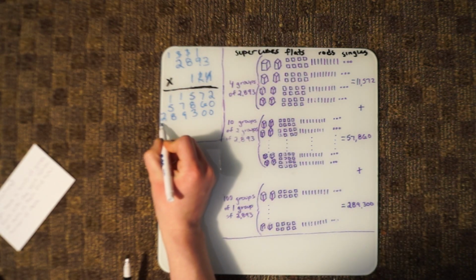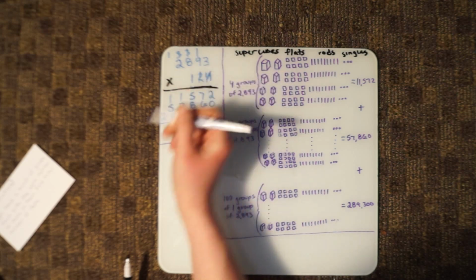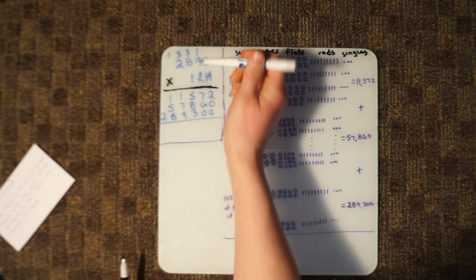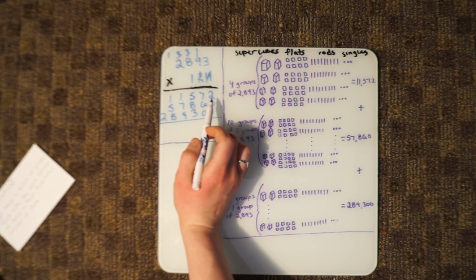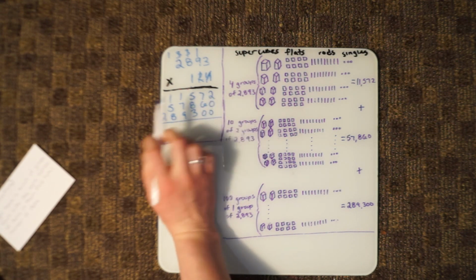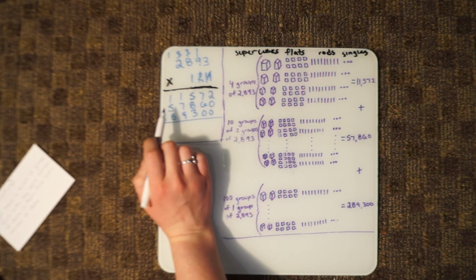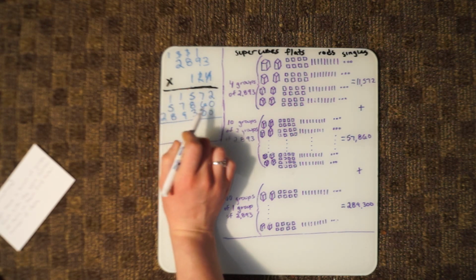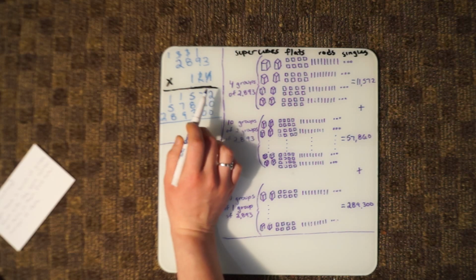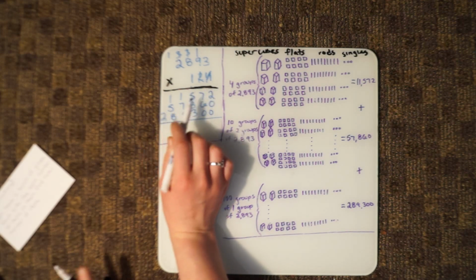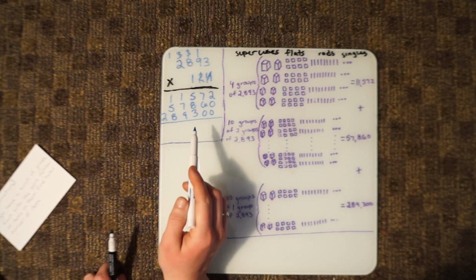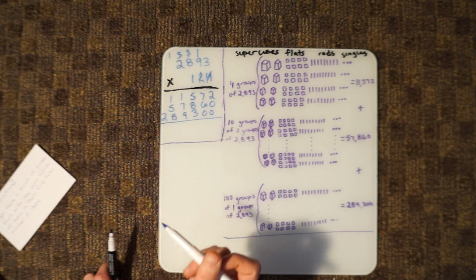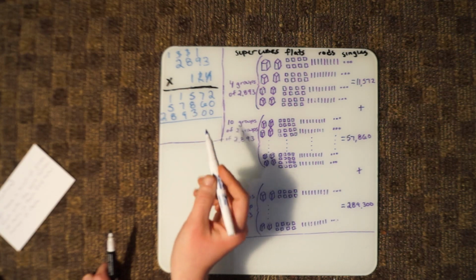Now, we go ahead and add all these up because this is 2,893 times the number of singles, and then times ones, and then this is 2,893 times the tens, and there's 2 groups of tens, and then this is 100 groups of 2,893.